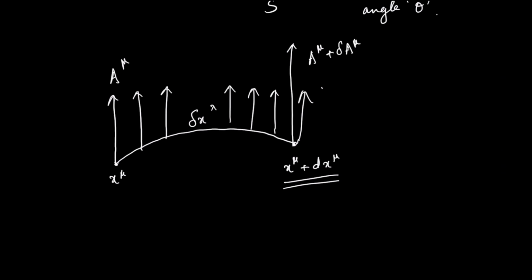It will not coincide with a mu plus del a mu. There is always a difference. This is the whole point that I am talking about. In a curved space-time, if I translate a vector from one point to another point, then the first vector will not coincide with the second vector.